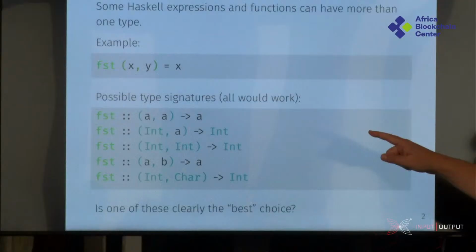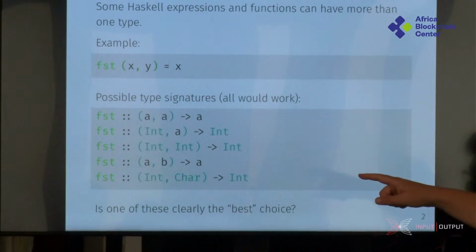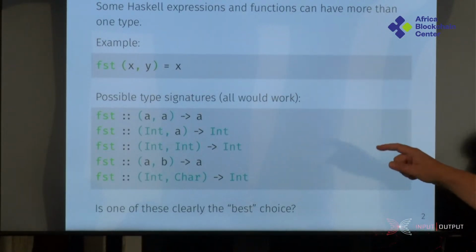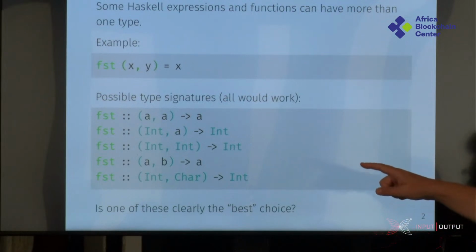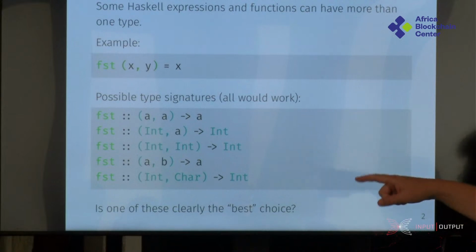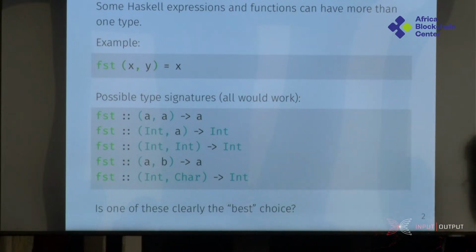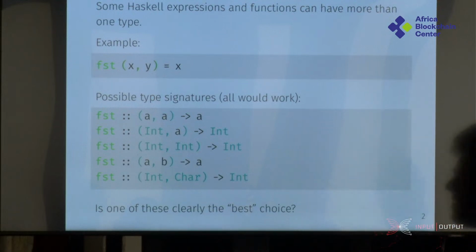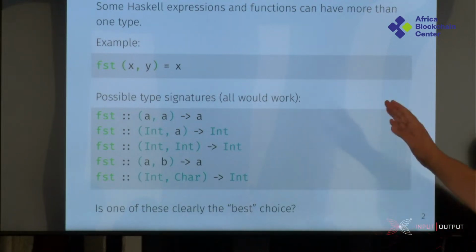The second one is where a equals int and b equals a, and so on. The third one is where a and b both equal int, and the last one is where a equals int and b equals character. So by instantiating a and b to certain choices, you can recover all the other possibilities.